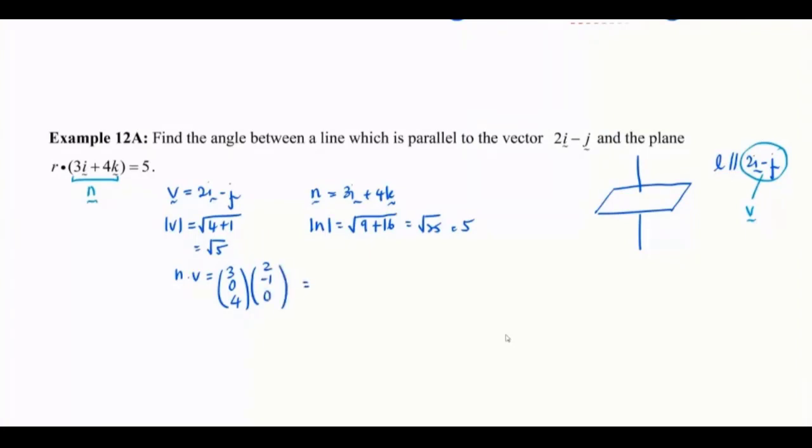So directly we're gonna have 6 plus 0 plus 0. So we get 6. So find the alpha first. So the inverse cos of 6 over 5 square root 5. Okay, dapat berapa alpha kita?